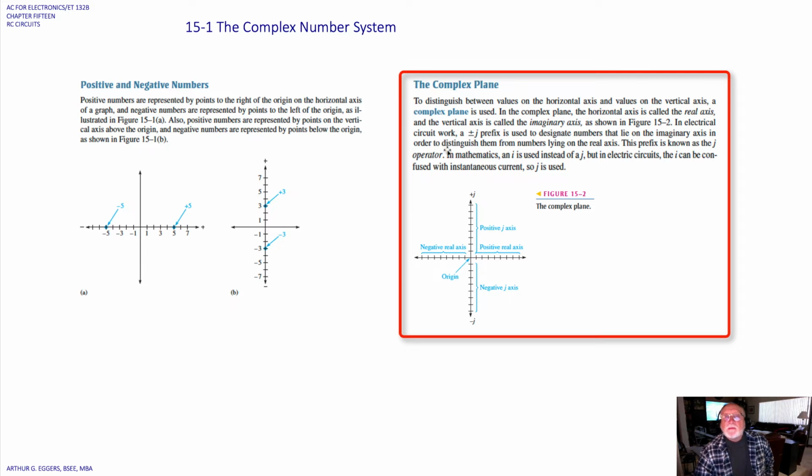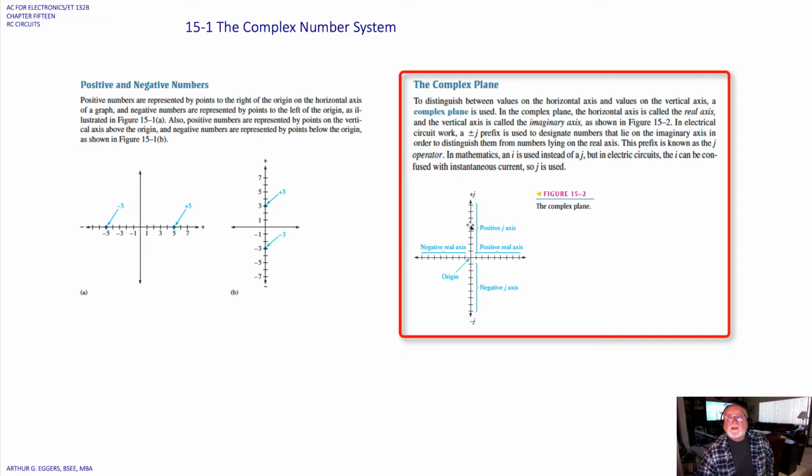To distinguish between the values on the horizontal axis and the values on the vertical axis, we call this a complex plane. In the complex plane, the horizontal axis is called the real axis. The vertical axis is called the imaginary axis.